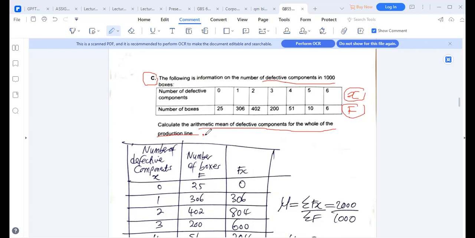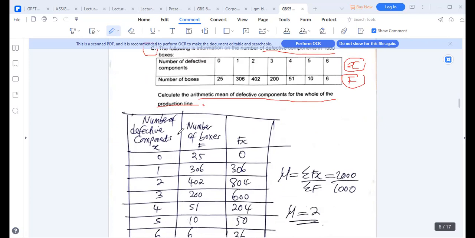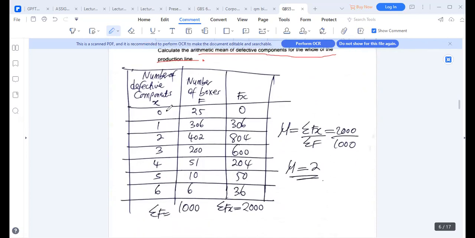Number of defective components is X, and number of boxes is frequency. So we multiply 0 by that, we get 0, and so on down to the last one, so we get f of X.